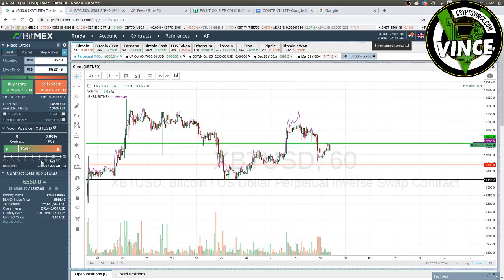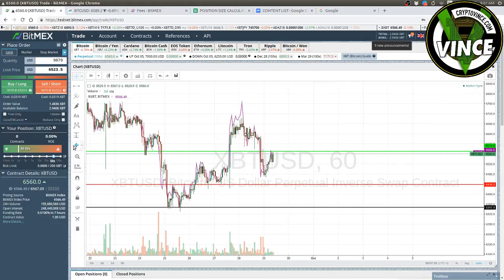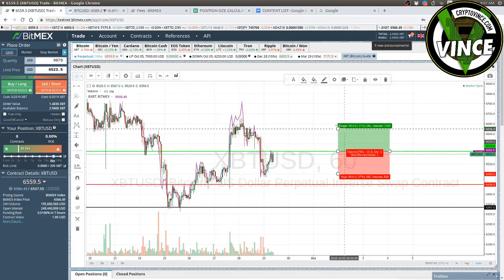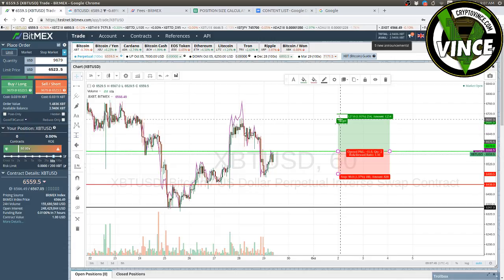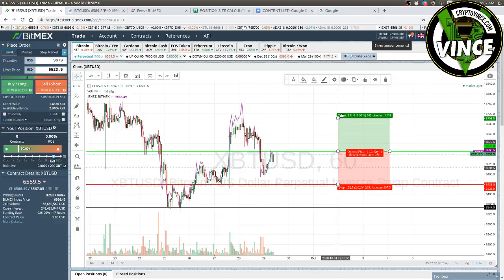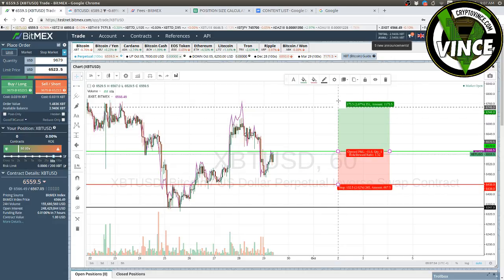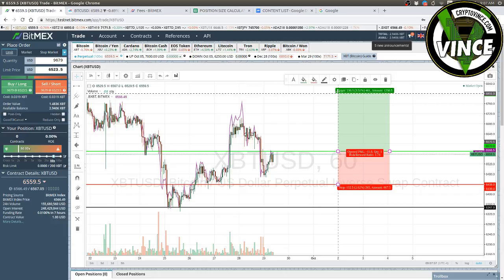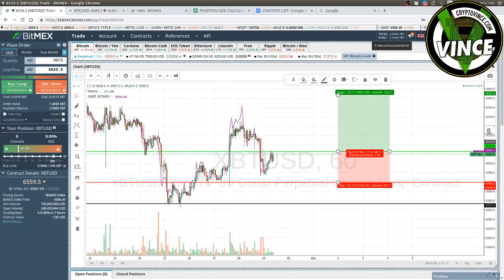I can use 25, I can use 10, I can use 5, I can use 3, 2, 1. Doesn't really matter. If I put a long position here, and I'm aiming for 4%, with a 2% risk, which is like a 1 to 2 risk reward.